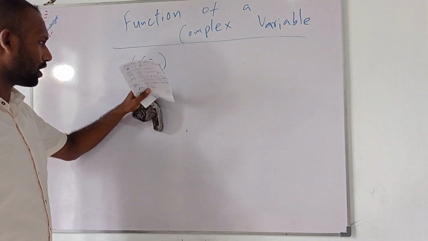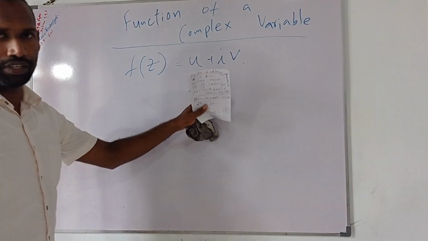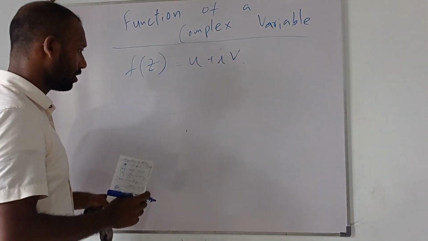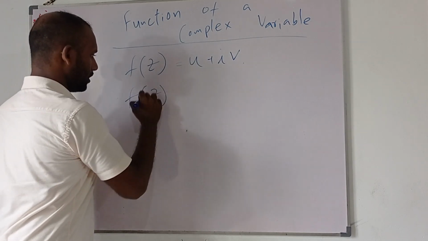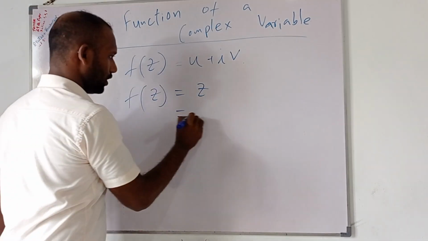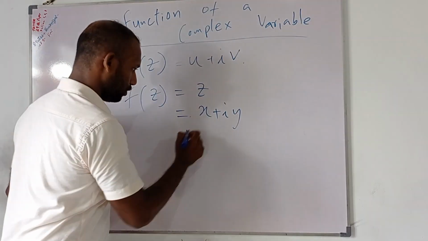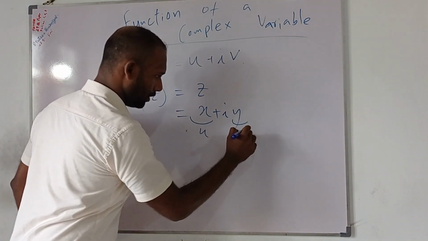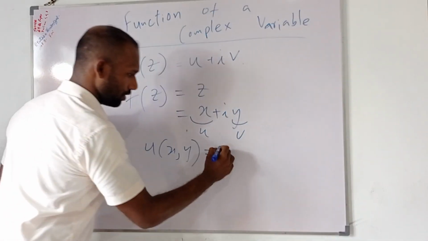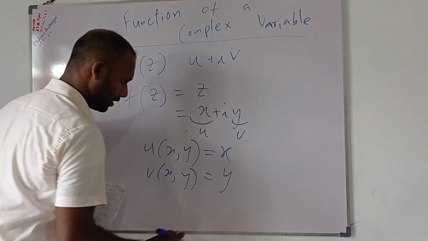We can write this F(z) as u plus iv. Let's take F(z) equals Z. So Z equals x plus iy. So this is u and this is v. So u(x,y) equals x and v(x,y) equals y.